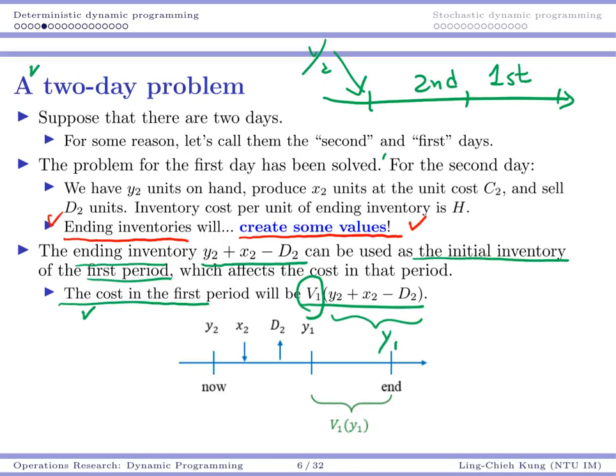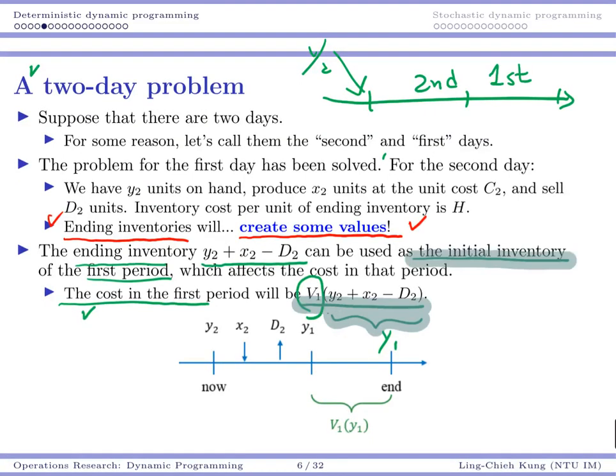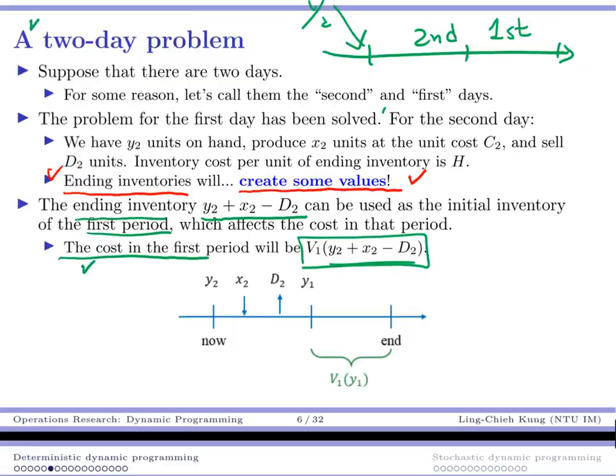Previously, we mentioned that if we have V1 of Y1, that means given Y1 as our initial inventory for period 1, that's the total amount of cost I need to pay for that period if we make the optimal decision. So given all of this, we know that Y2 plus X2 minus D2 is going to be our ending inventory for period 2, and then we know how much to pay for period 1.